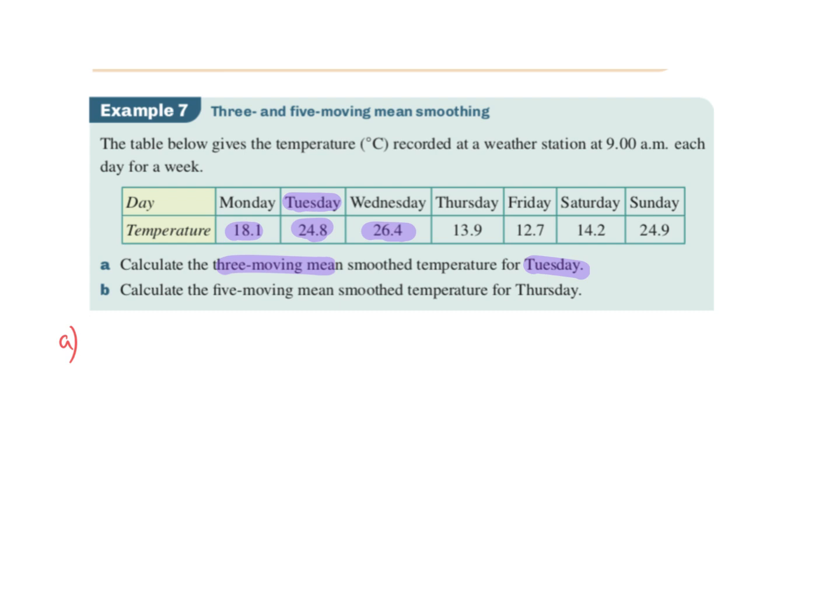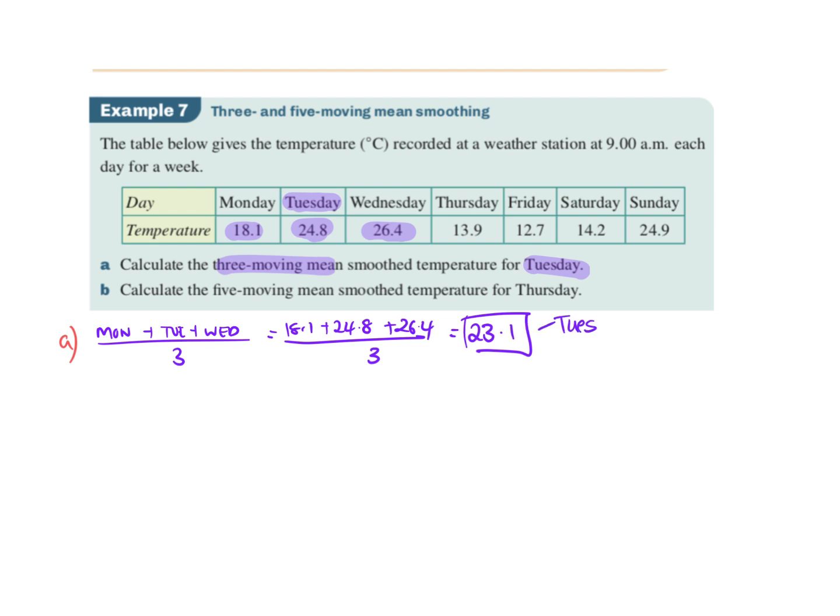So there's the 3 mean. I'm going to add Monday, Tuesday, and Wednesday, and divide by 3. That would be 18.1 plus 24.8 plus 26.4, divided by 3, and we get 23.1. That would be your smoothed value for Tuesday: 3 mean smoothing for Tuesday.